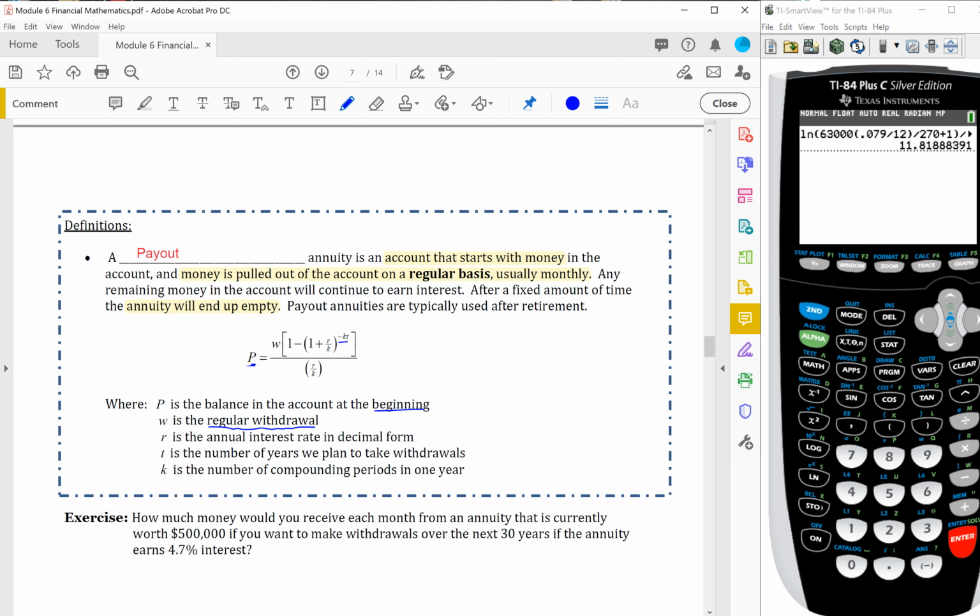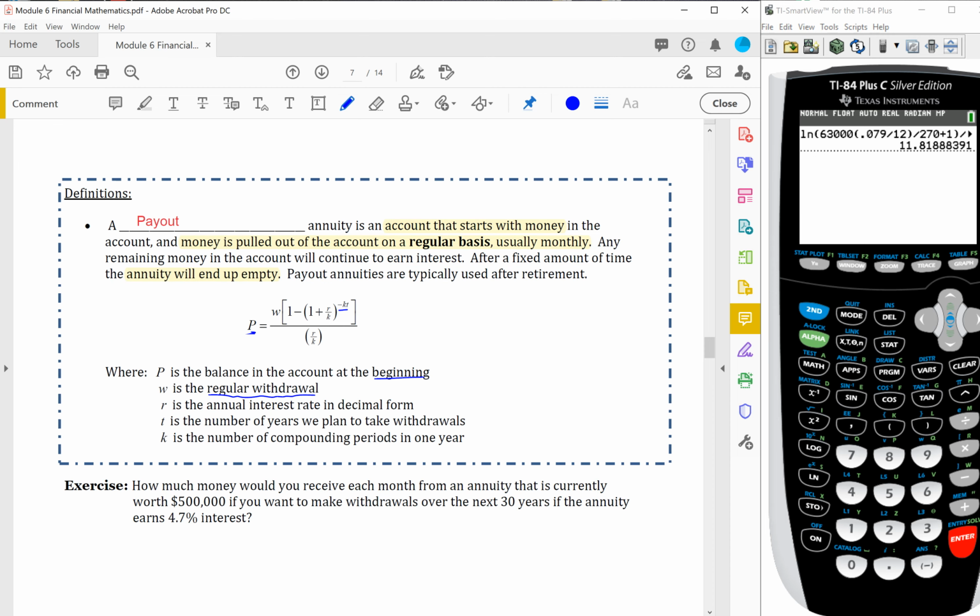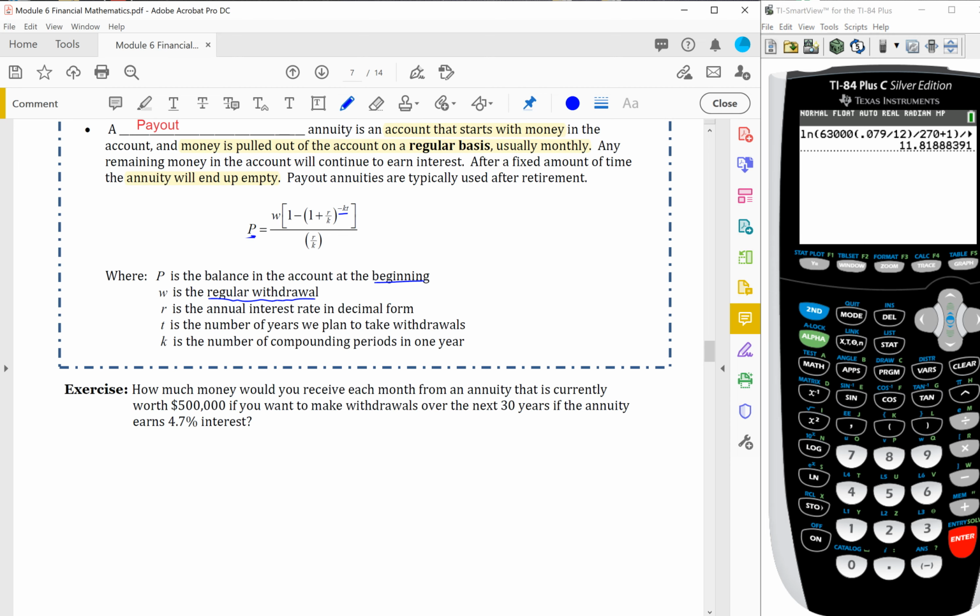Now remember, I'm not going to ask you to memorize this formula. You just need to know when to apply it and how to use it. So let's look at an example.